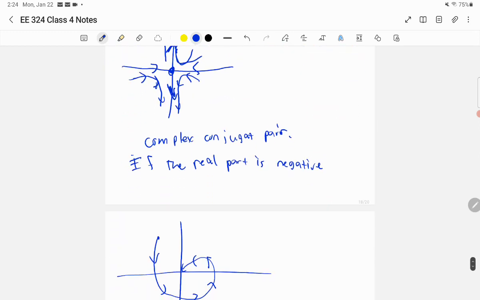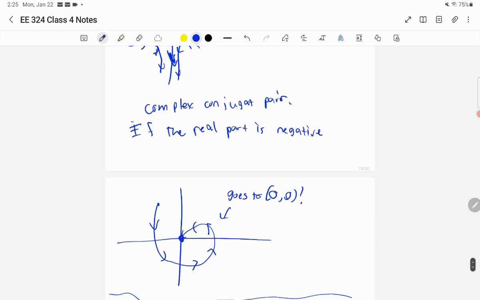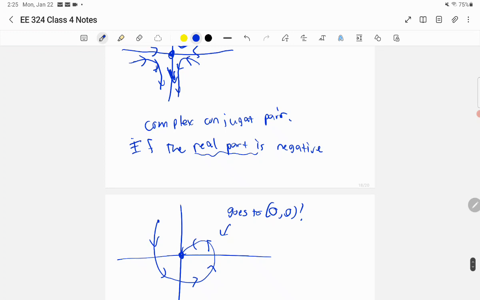Why do I say the real part? Because notice here that also we close in on that fixed point, right? And that was the case where we had a real part that is negative.